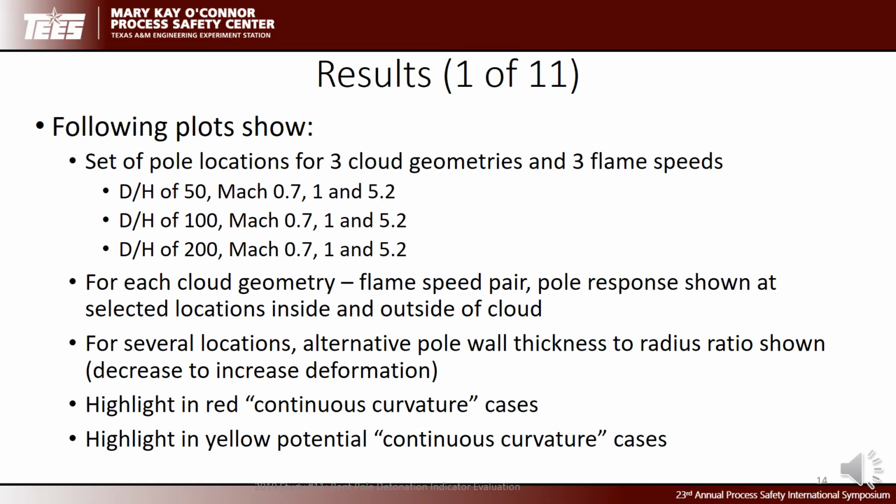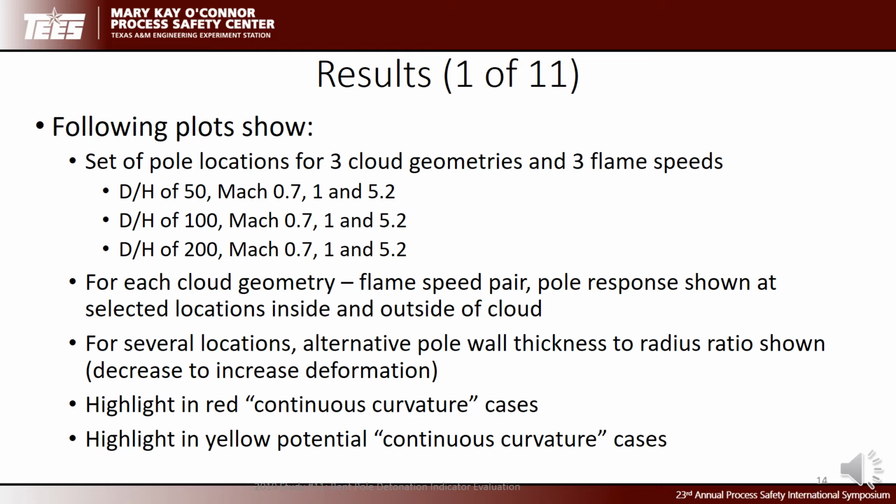In terms of results, the following plots, I'm going to go through a whole sequence of them, and then at the end we'll show all plots on one slide, which will be a little bit easier to understand.